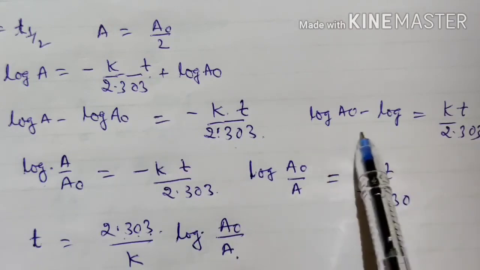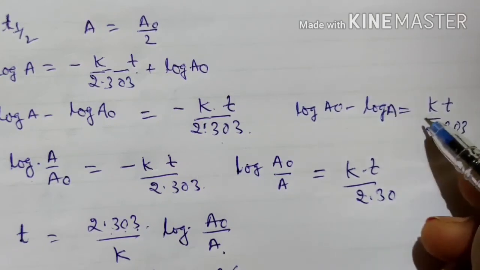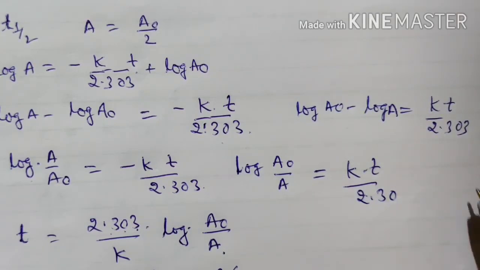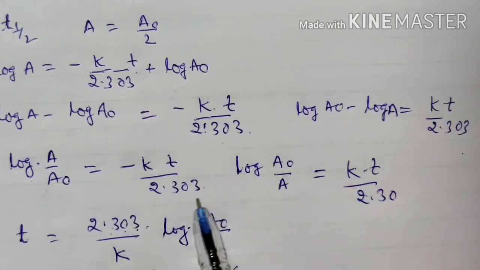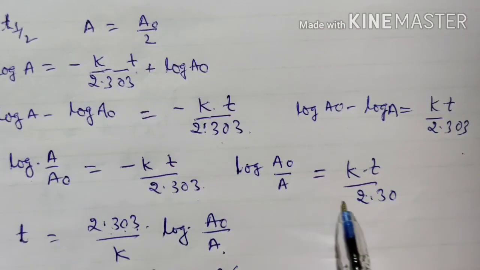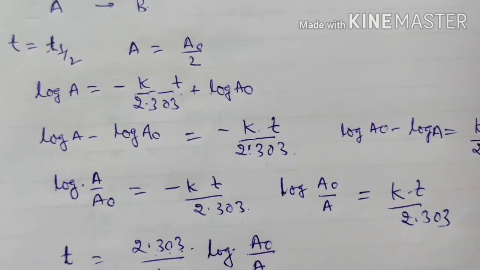Now we multiply this whole equation by the negative sign. Then you will get log A0 minus log A is equal to kt upon 2.303, so it will become positive. Log A0 upon A is equal to kt upon 2.303.